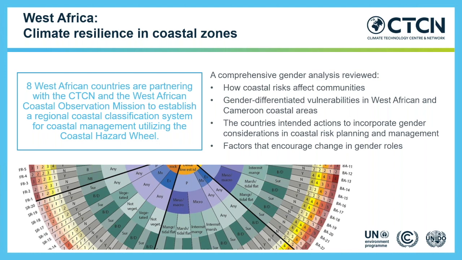And from that, we were able to look at some of the different gender differentiated vulnerabilities in these areas. And then as we got further into the process of the project, we looked at how we could make sure along the way to incorporate those gender considerations, the vulnerabilities and the ways the coast was used by men and women, into the planning and the management.